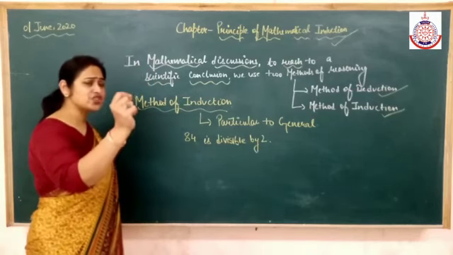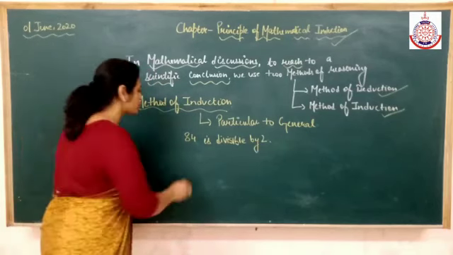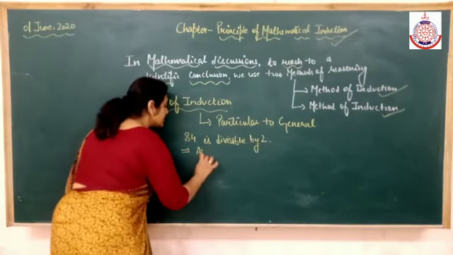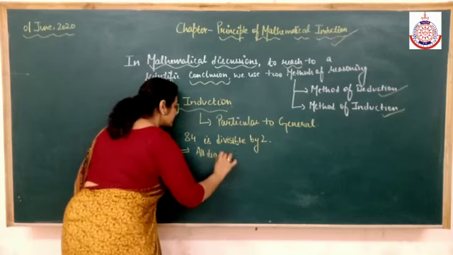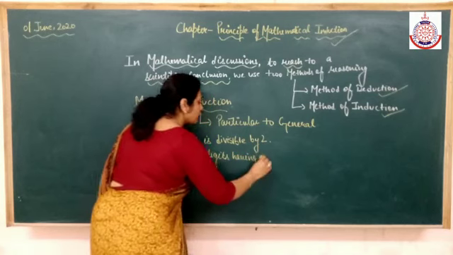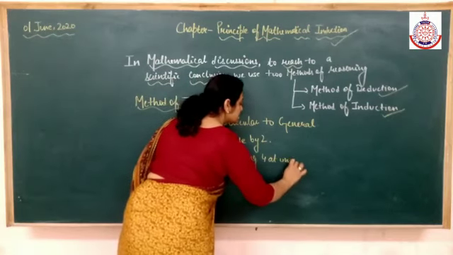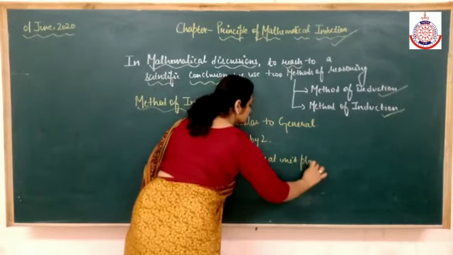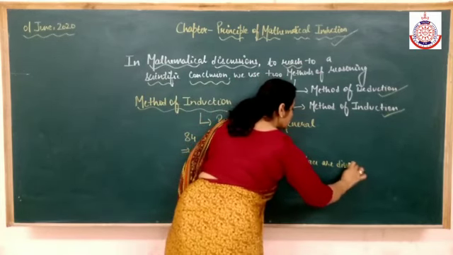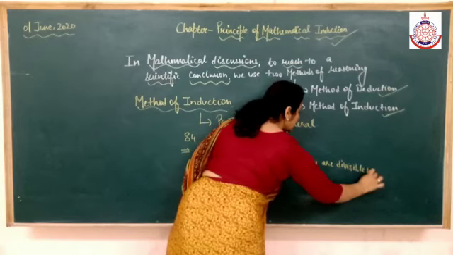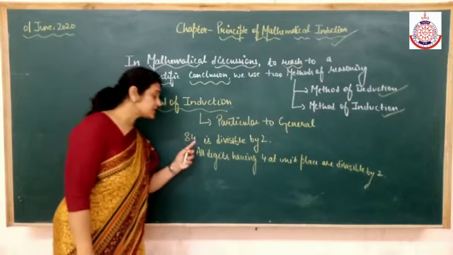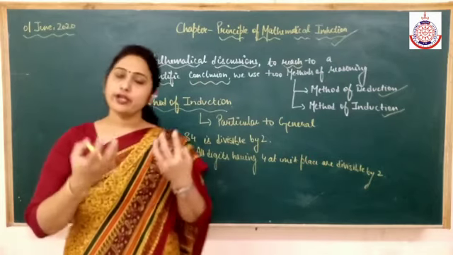If I try to generalize this result, it means all the numbers having 4 at the unit place are divisible by 2. See, this was a particular result, 84, and I generalized it.